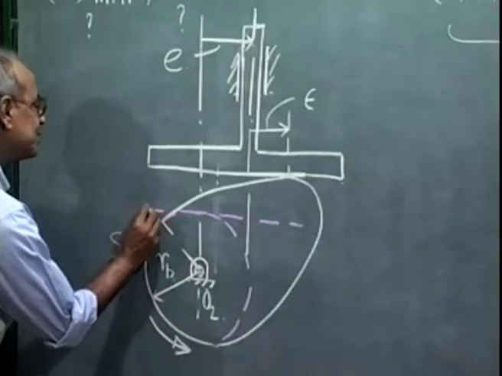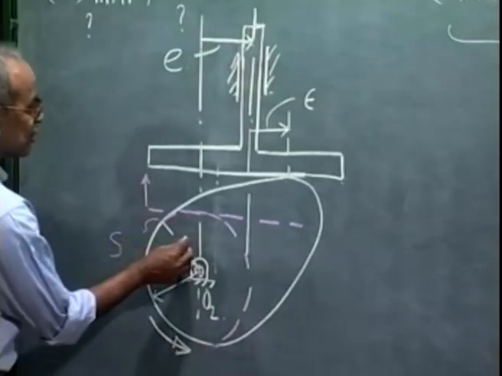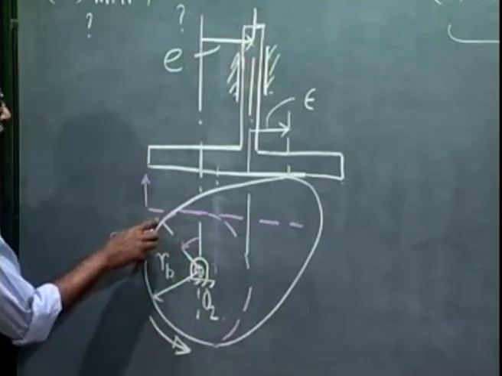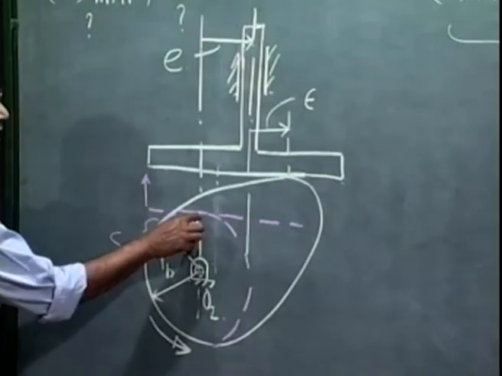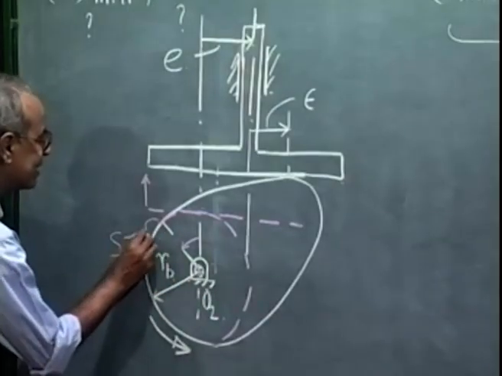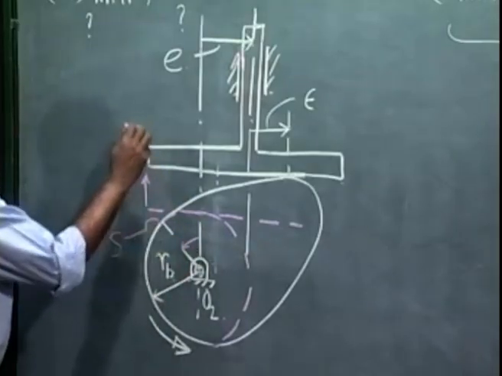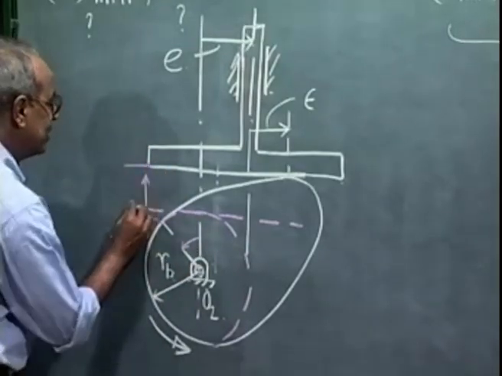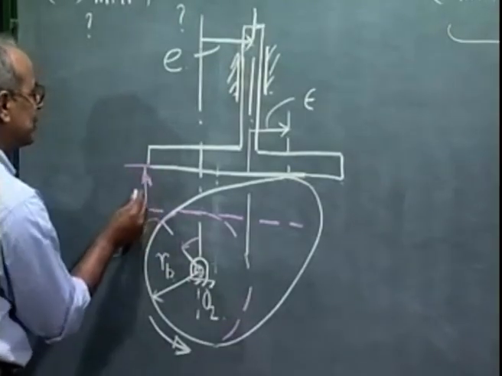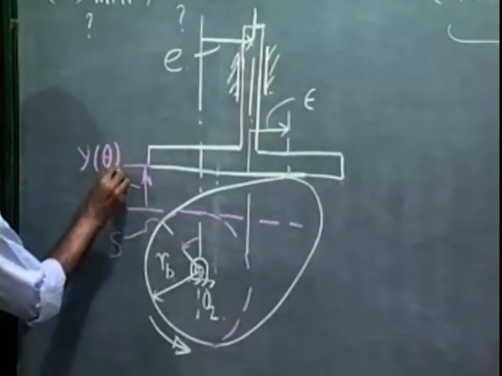So this is the level from which the follower starts rising. So at the beginning of the rise, contact was here when that contact was along the vertical line. This line O2S was vertical. The cam has rotated by an angle theta, and consequently the movement of the follower is given by this y, which is a function of theta.